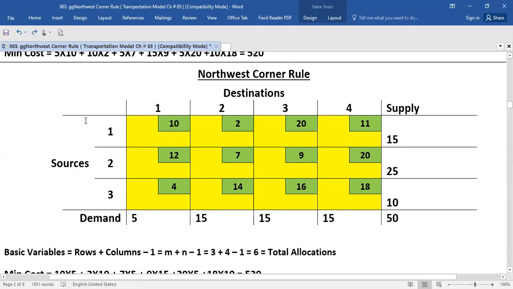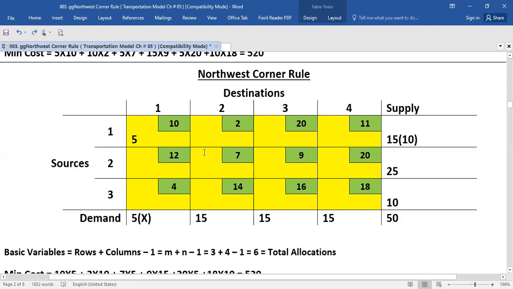So you will put 5 in this cell, put a cross sign in front of 5, and put the value 10 in front of 15.